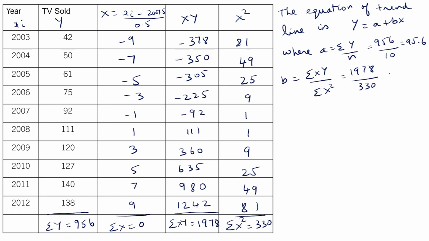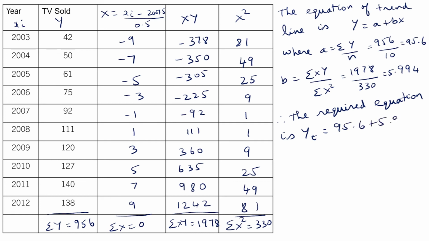Now when we divide, we get approximately 5.994. So we have found a and b. Therefore, the required equation is yt is equal to 95.6 plus 5.994x.